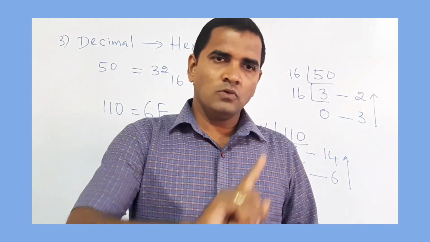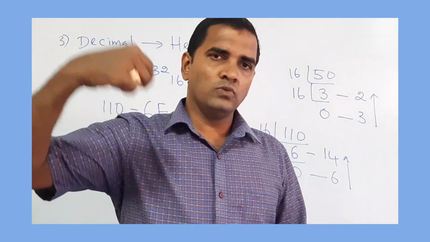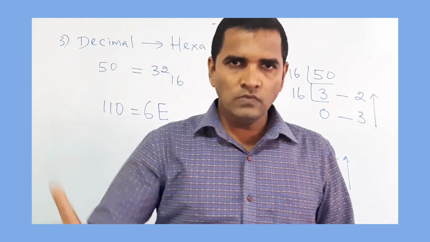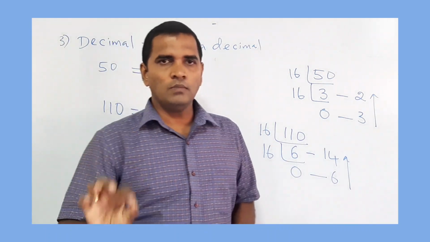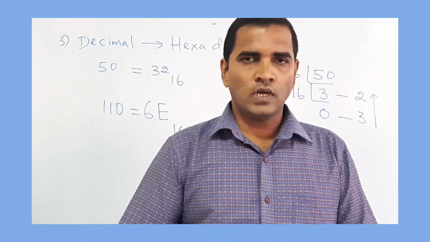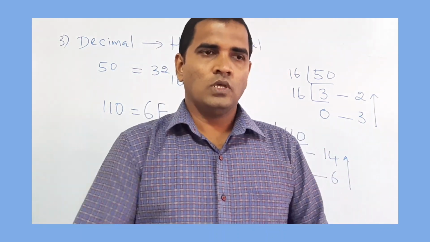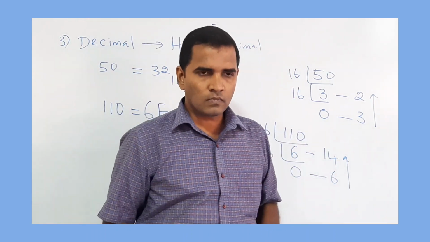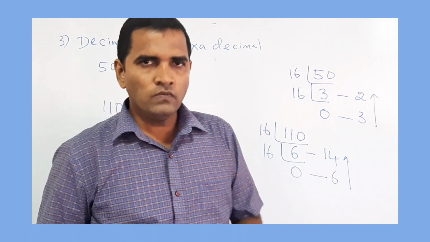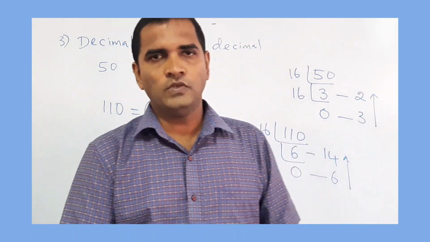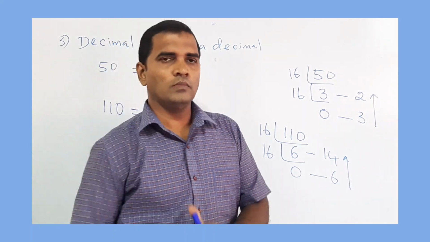If you are trying to convert a decimal number to any other number system, make sure you divide that particular number by the base of the number system to which we are going to convert. So if it is decimal to binary, you must divide that decimal by the base of the binary, which means 2, and write the remainders.